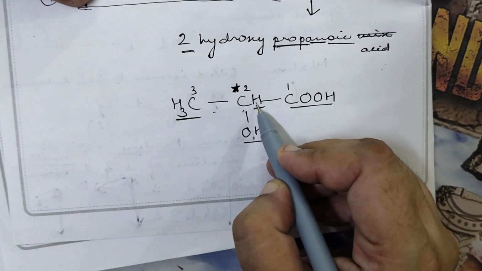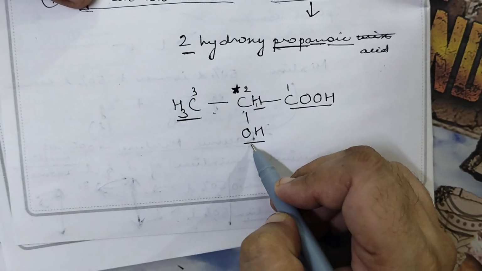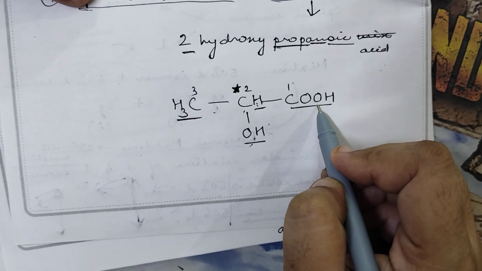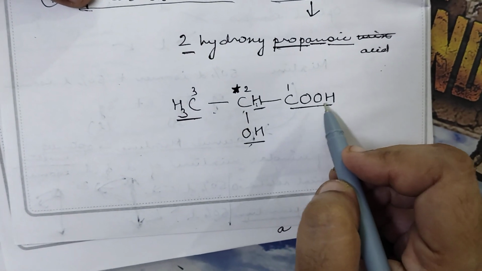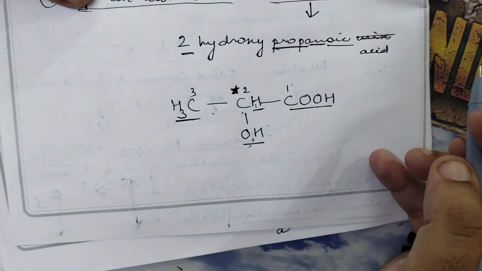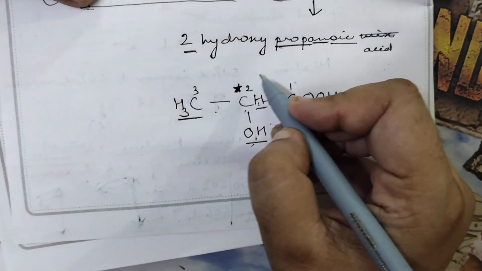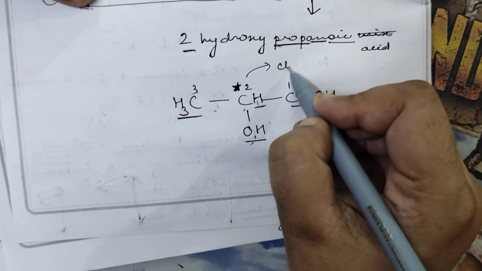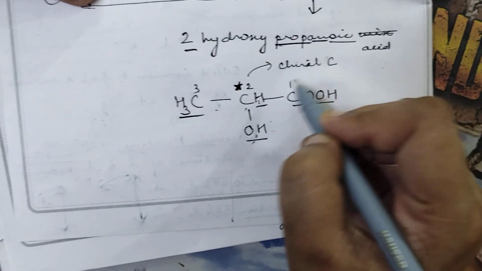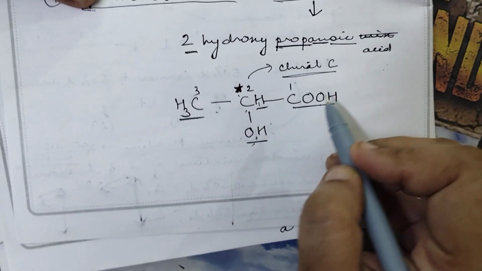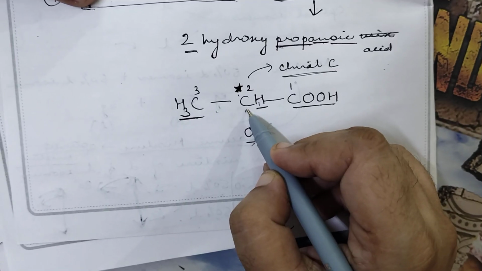One is H, another is OH, third is CH3, and the fourth is COOH. And this carbon, which is connected to 4 different groups, is called asymmetric or chiral carbon and is represented by an asterisk sign.